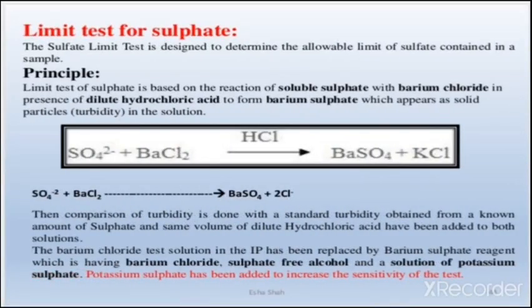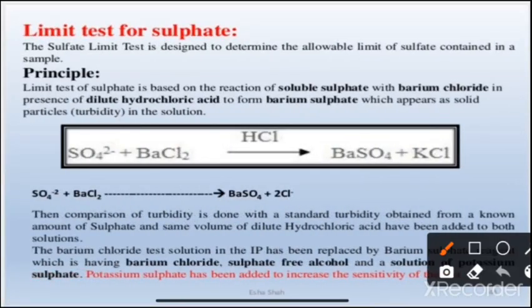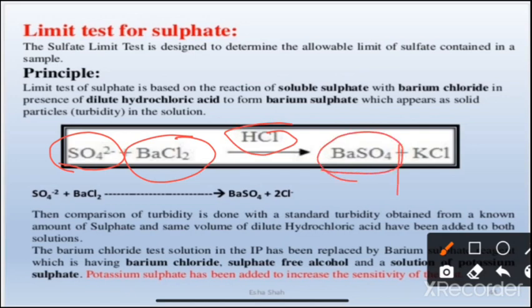principle of sulfate limit test, in that soluble sulfate reacts with barium chloride in the presence of dilute HCl. It forms the precipitate of barium sulfate, which appears as a turbidity or opalescence at the end of the limit test, and this opalescence or turbidity is compared with the standard solution of sulfate limit test, and this standard solution is prepared from potassium sulfate.